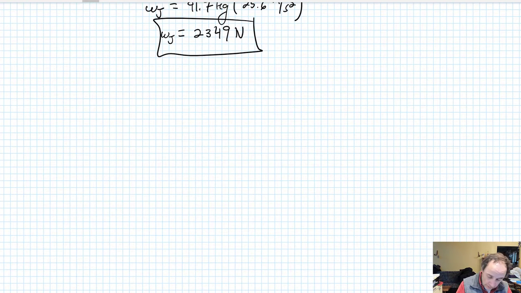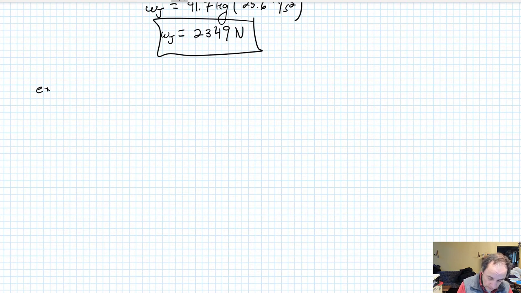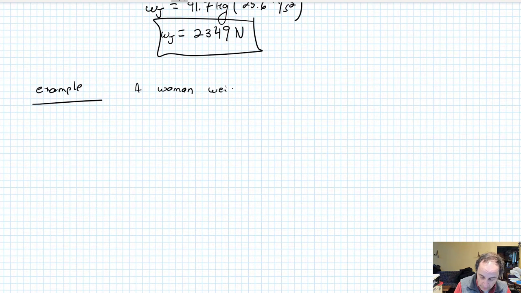One more. Another example. A woman weighs 120 pounds.